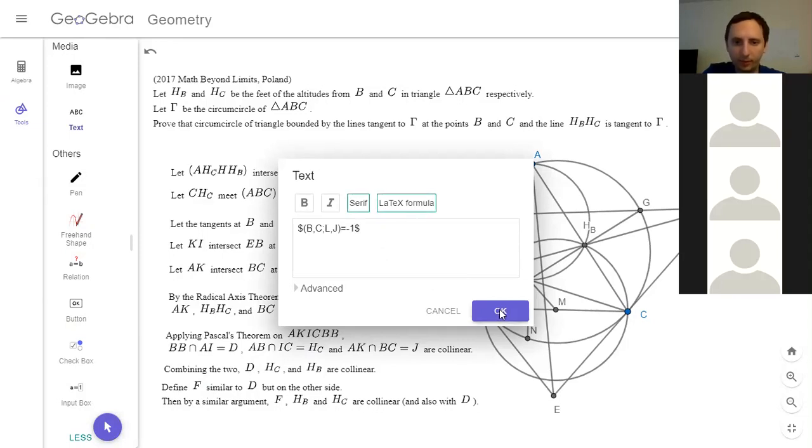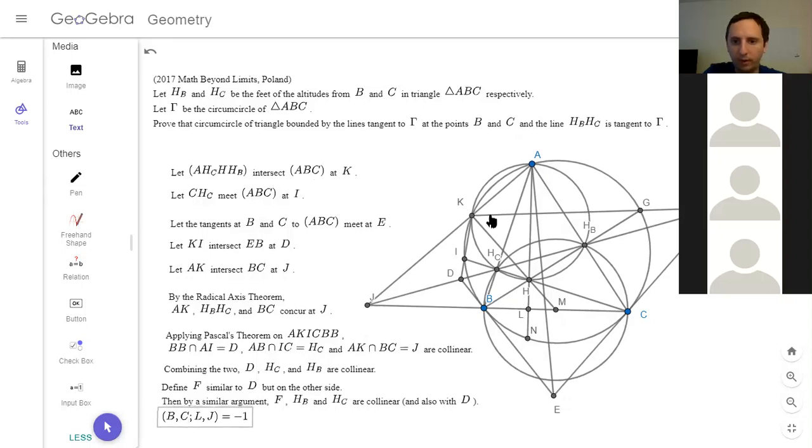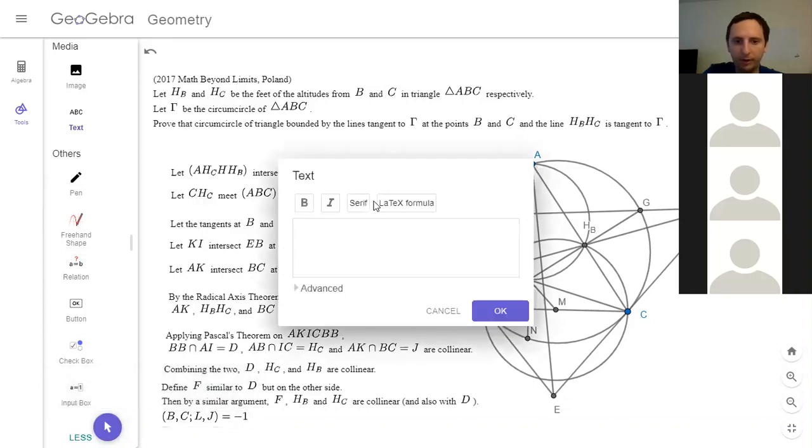And then if we project through A onto the circle, then KBNC is harmonic.